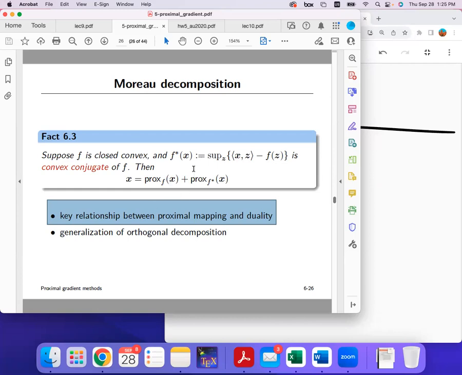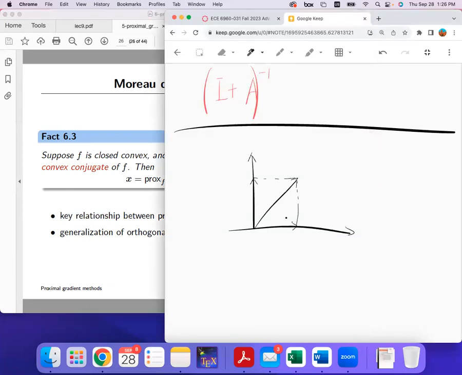So this would be the projection operator onto the orthogonal complement subspace. This covers that classic decomposition: you can project your x onto one subspace plus another subspace as long as they are orthogonal to each other.